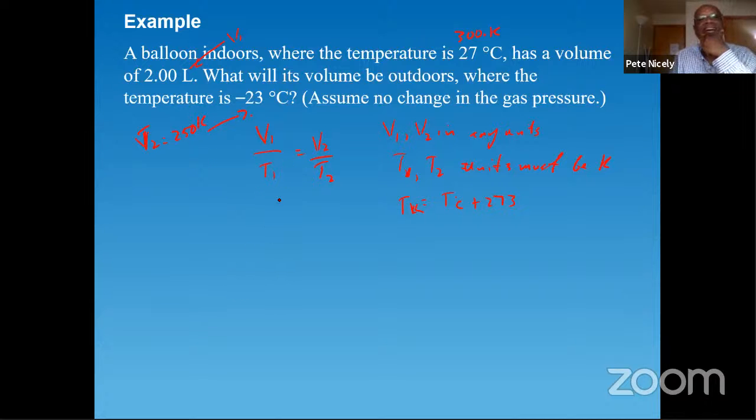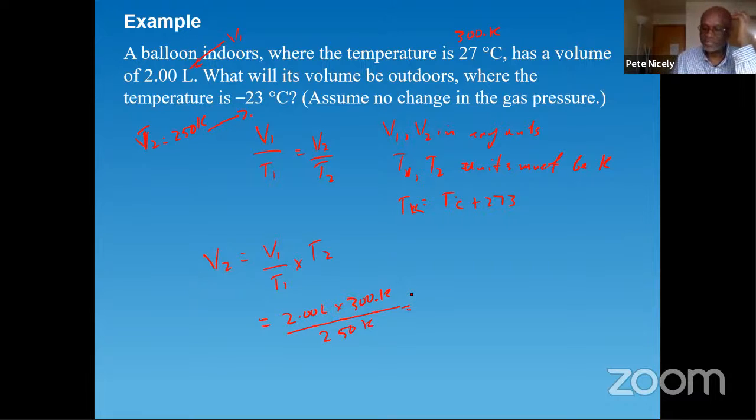So basically to find V2, it is going to be equal to V1 over T1 times T2. And then we put the numbers in. V1 is 2.00 liters times 250 Kelvin, all divided by 300 Kelvin.